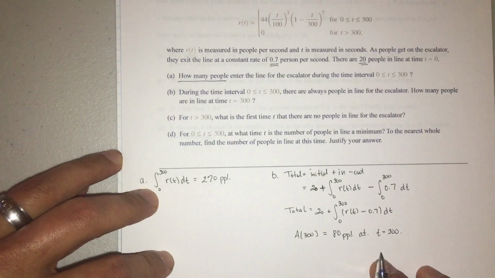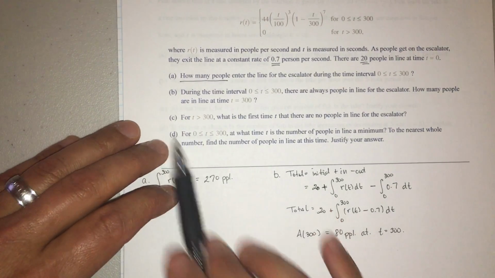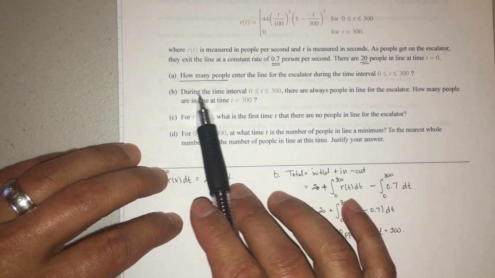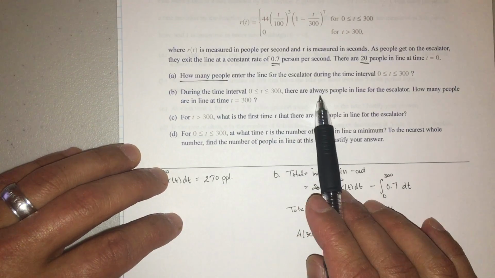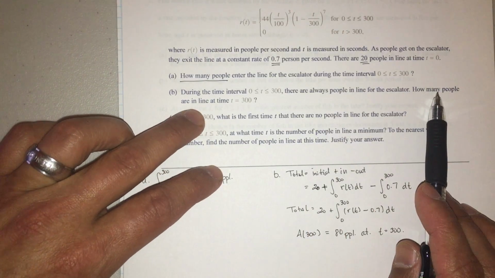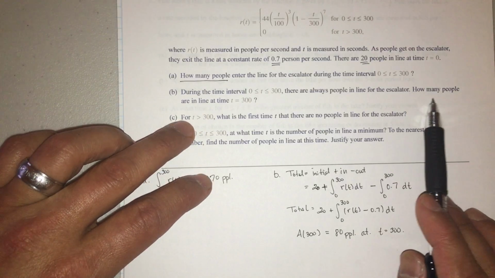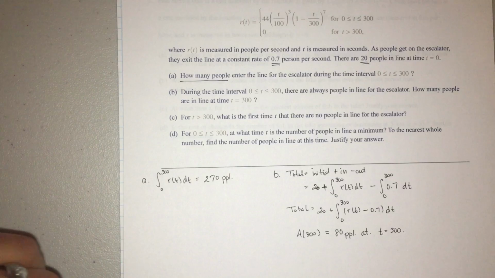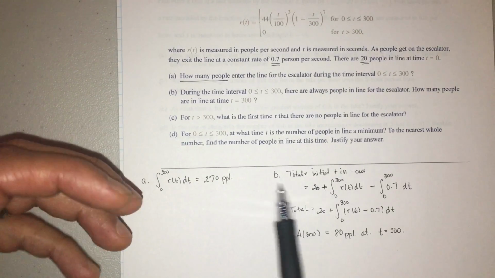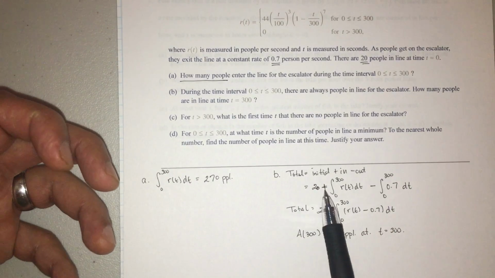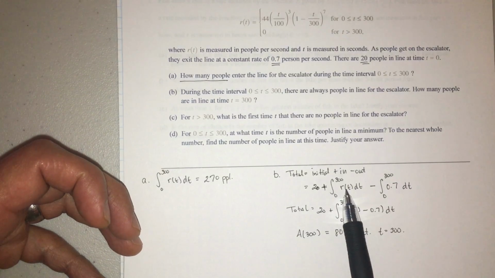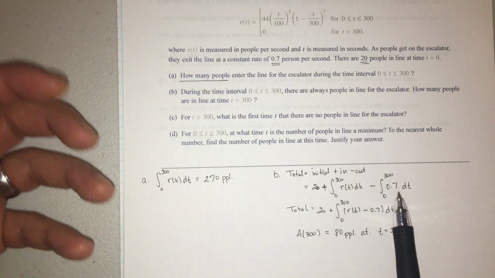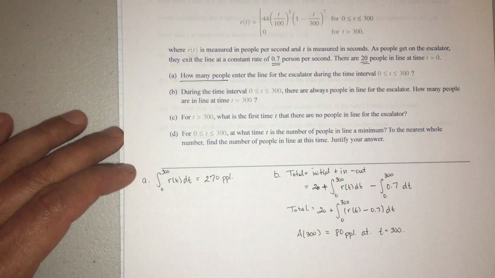If you get confused, just go back to this one. Once you get your answer, during the time interval, there are 80 people in line. Or you can just start here: there are 80 people in line at t equals 300. Hopefully that makes sense, because you have to incorporate everything that's going on. People are waiting, people are going in, and people are exiting.